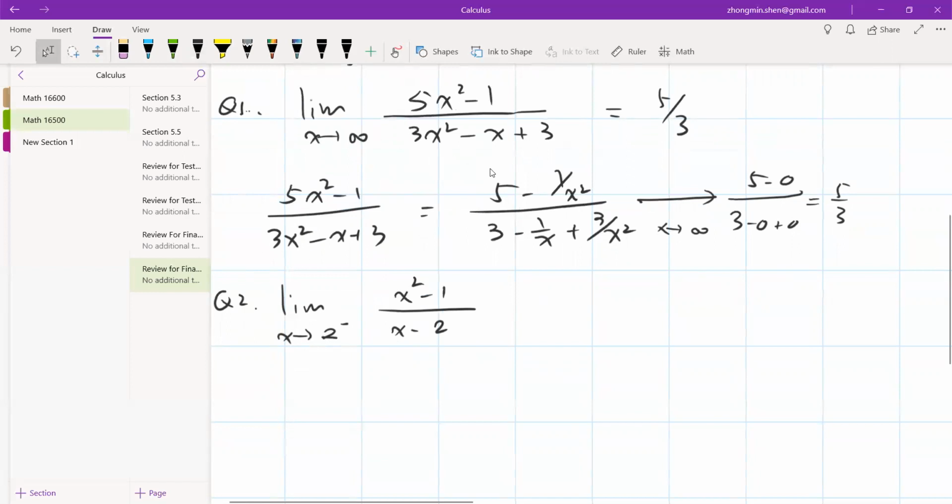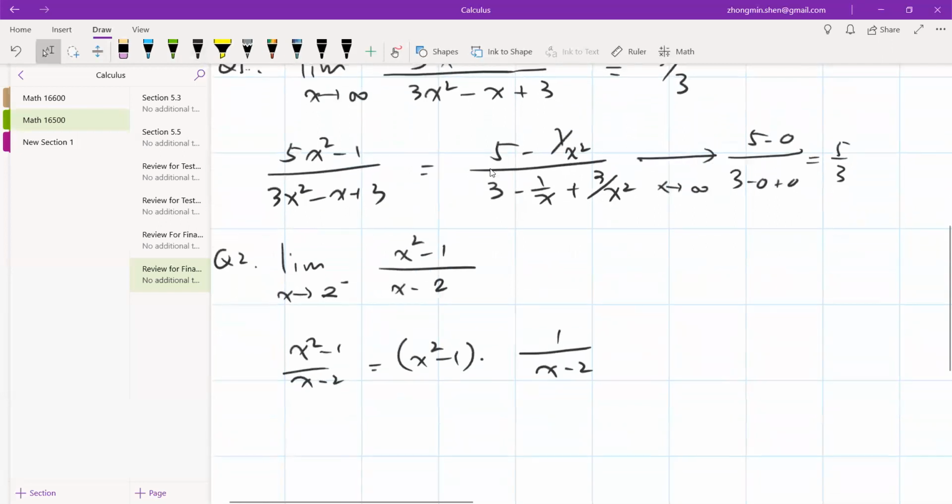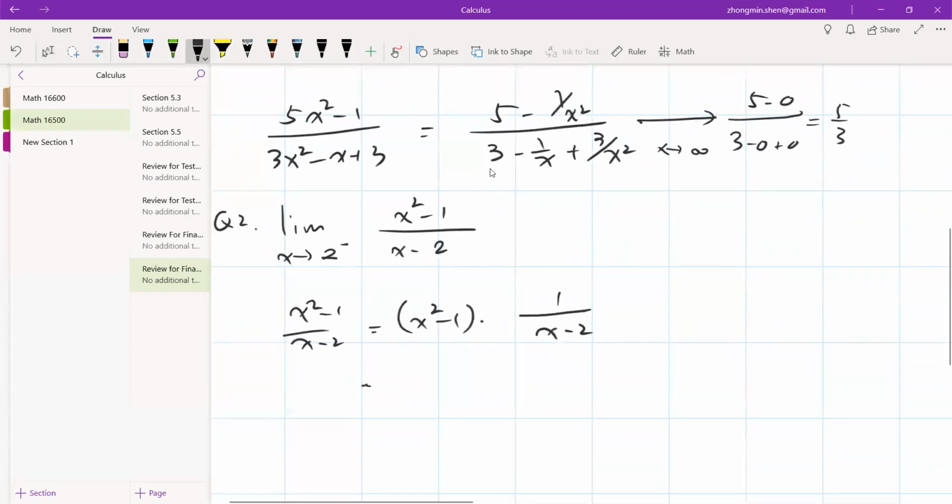You look at whether you can simplify that. If you cannot simplify it, then x squared minus 1, and x minus 2 in the denominator. So when x approaches 2, the numerator 2 squared minus 1 is positive.